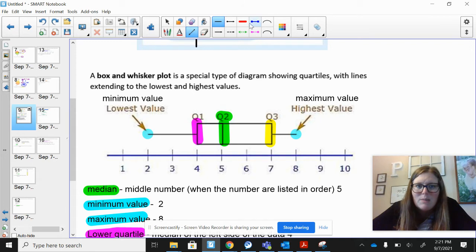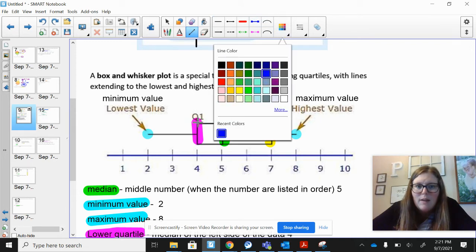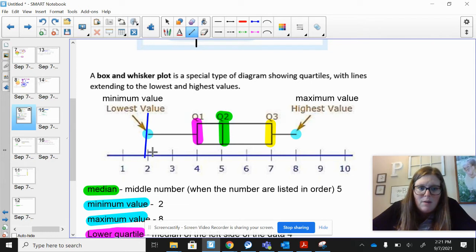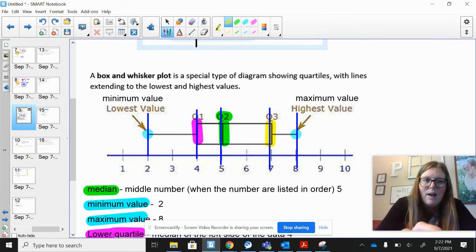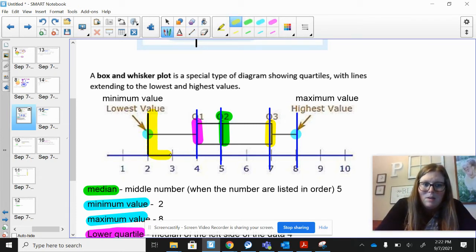I'll use another color, maybe a blue. From here, your lower value to your lower quartile is 1 piece. Your lower quartile to your median is another bucket, if you look at it that way. Here to here is another one. And here to here is another one. So here's the deal. I'm going to highlight something. It's going to be really busy. But this chunk right here represents 25% of the data.